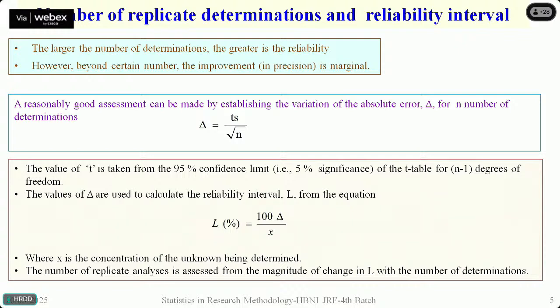Many times when you are developing a new method or preparing a new instrument or new equipment, what is the reliability of that equipment to do a certain level of analysis? This term will be written in the specification of those equipment or the methods if you are developing some new method.